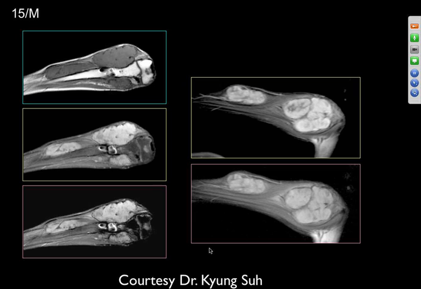Here's a 15-year-old male. So this is the region of the upper arm or lower arm, demonstrates a big mass, which is low on T1, and it's bright on the fluid-weighted images, and so it's pretty big.